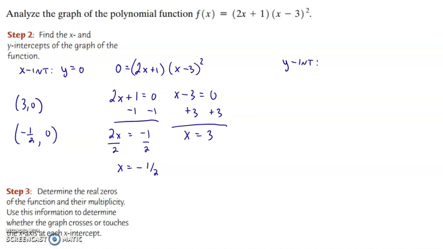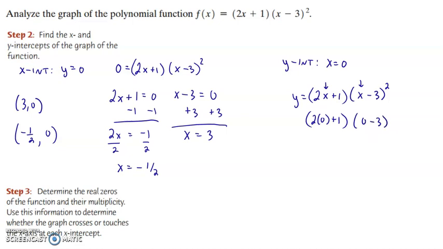Keep in mind when you do your y-intercept, your x value is going to be equal to 0. So we'll take our function, and in place of each of those x's, we're going to go ahead and plug in a 0. So we've got 2 times 0 plus 1 times 0 minus 3, that quantity squared.